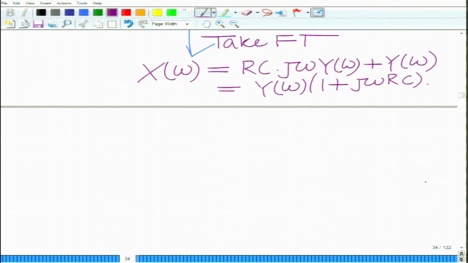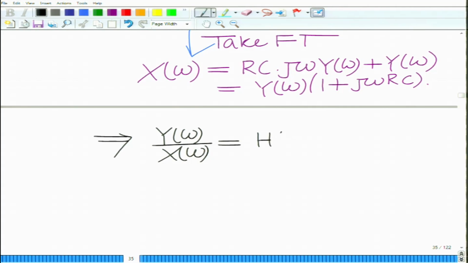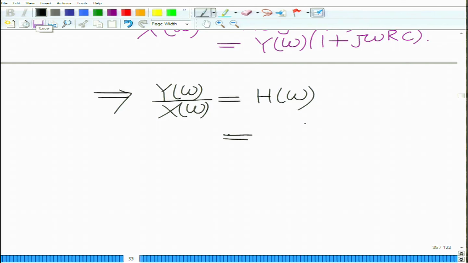Okay. Now, if you look at Y(omega) over X(omega), which is nothing but the frequency response, you can readily see that this is given as 1 over (1 plus j omega RC).